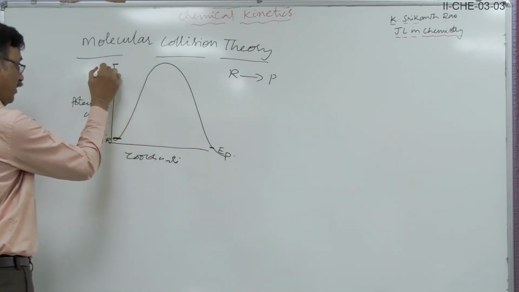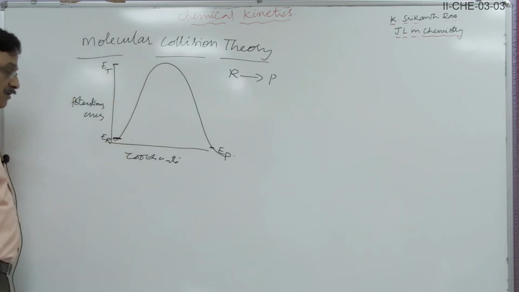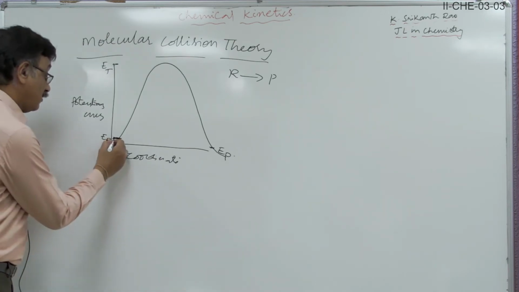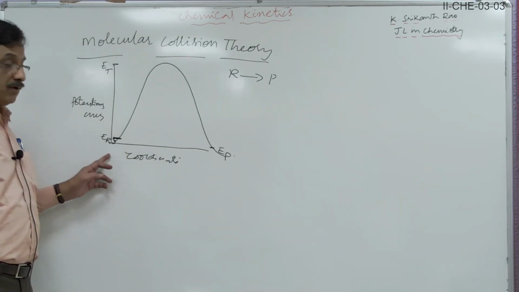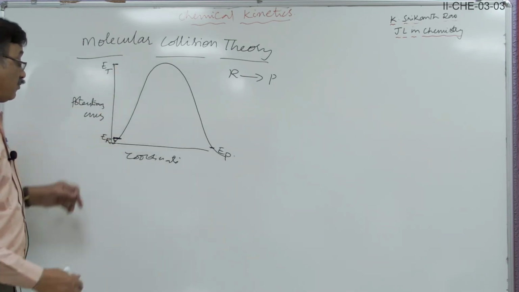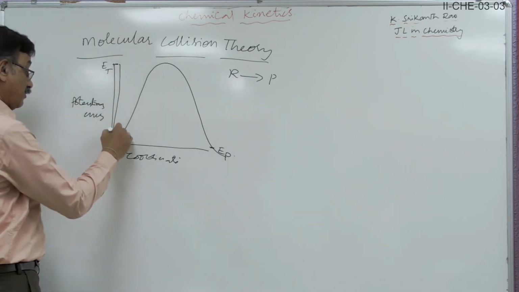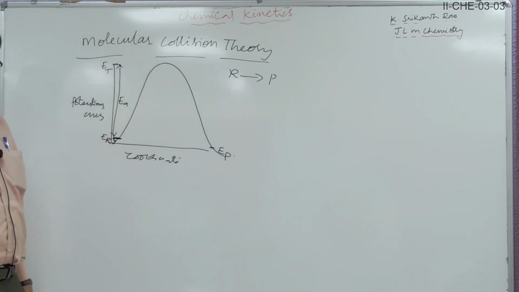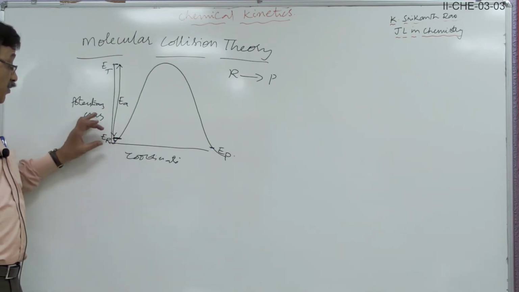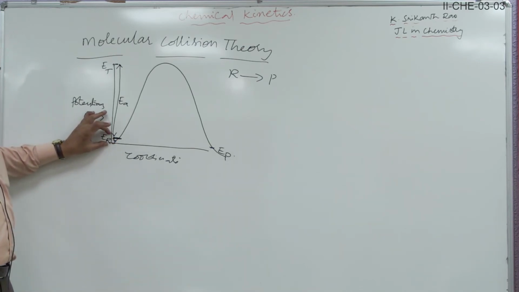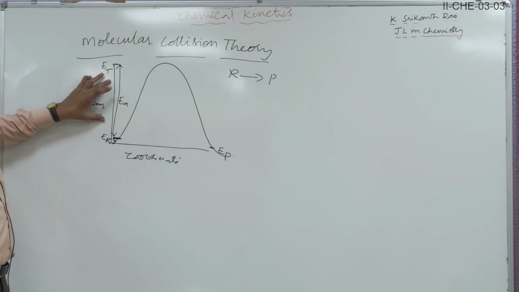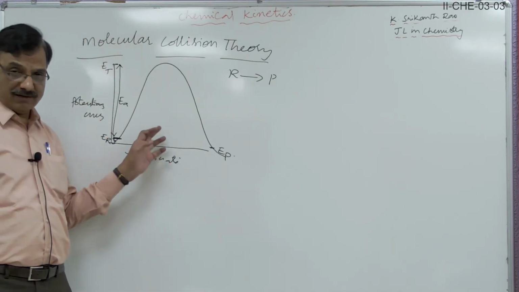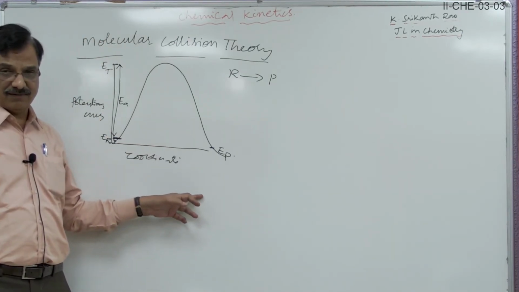This is ET, that is threshold energy. The reactant molecules possess a certain amount of energy, this energy. But if they want to reach this energy, they require extra energy. This energy we call activation energy. So reactant molecules possess a certain amount of energy. If they gain the remaining activation energy, they reach the threshold energy, right? If they get threshold energy, they change into the products, right?